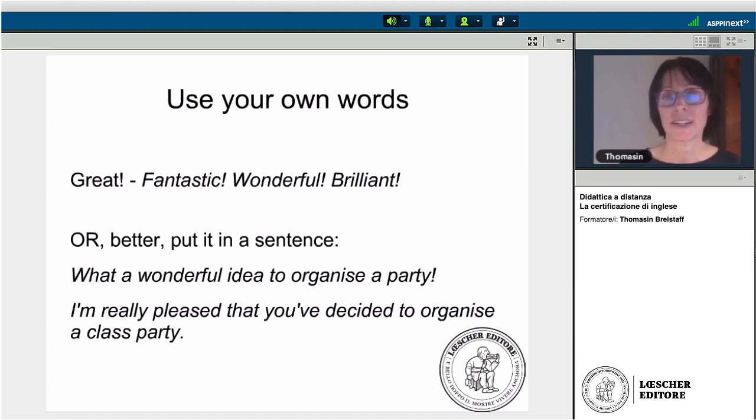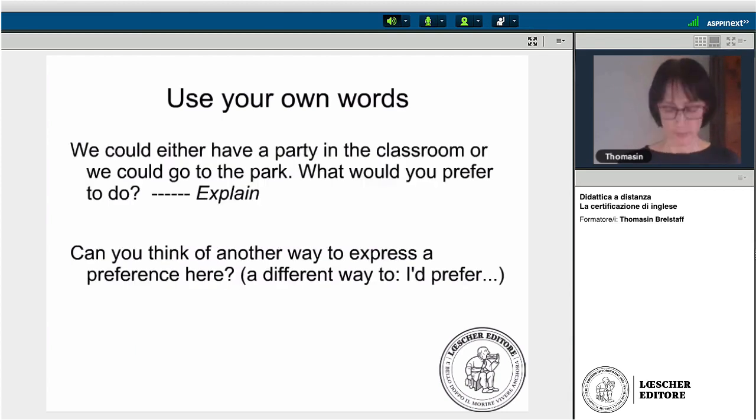We've got a present perfect in there as well, yeah? Whereas if you just put fantastic, there's a lot less for the examiner to assess.